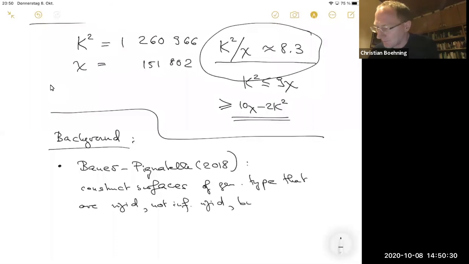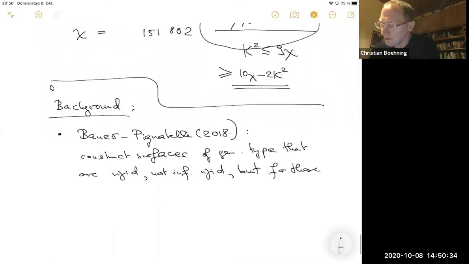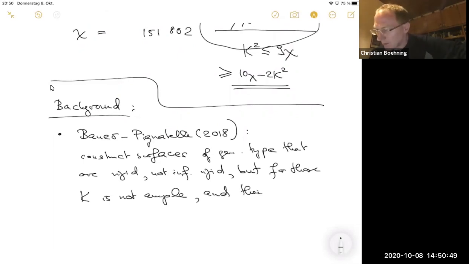But for those, K is not ample, and indeed the canonical models of them are infinitesimally rigid. So their construction is different.